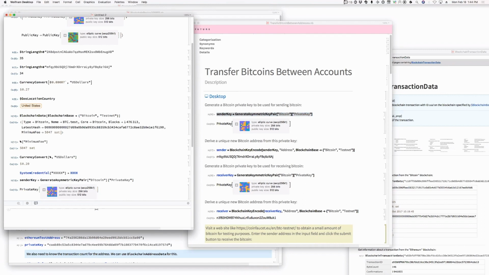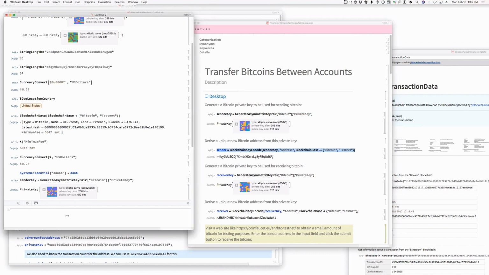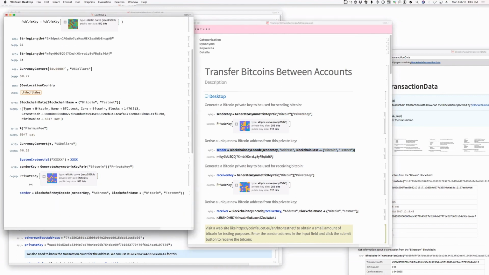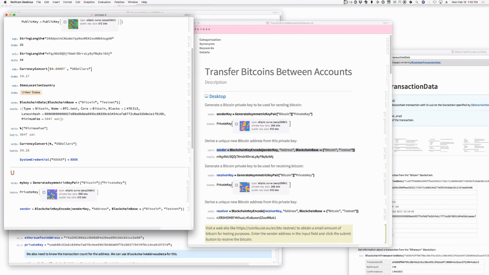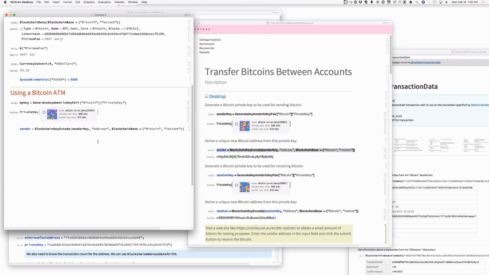Yes. Then I would go and I would do this blockchain. So here's what I would do. What I would call this is I would say it's my key equals this. Okay, so this is using a Bitcoin ATM. And I'm going to save this someplace.